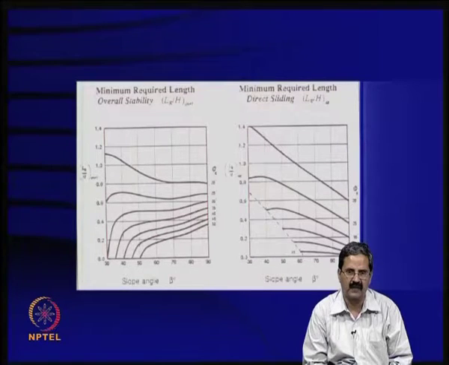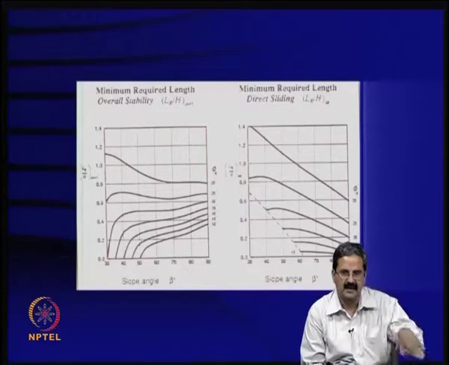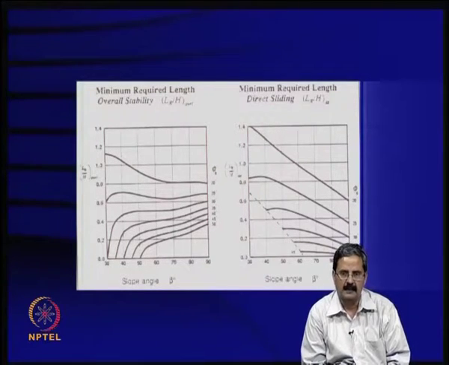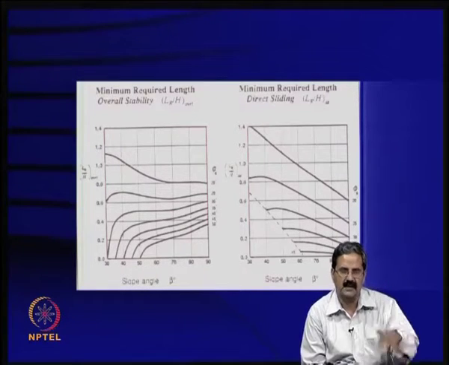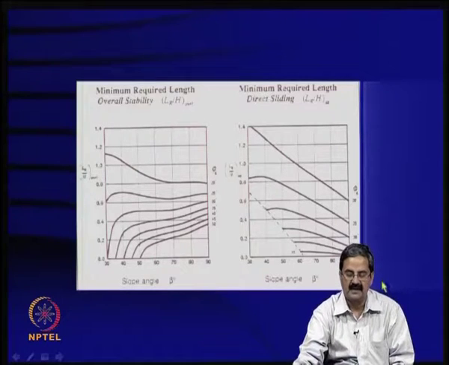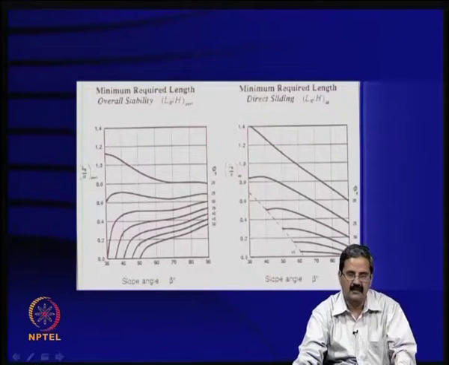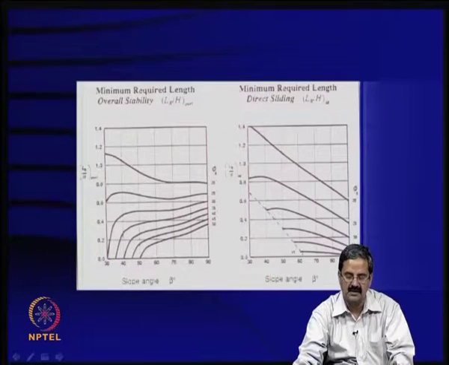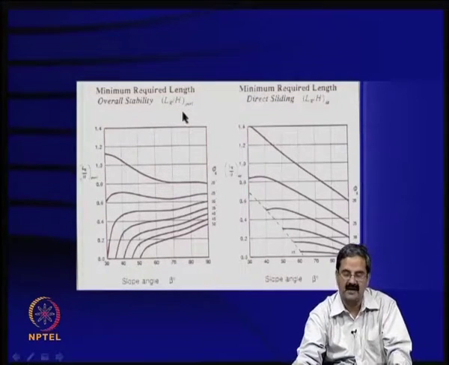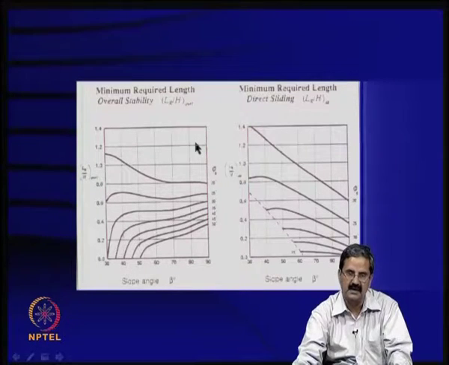When a retaining wall fails, there is a sort of logarithmic spiral failure mechanism, and that is the reason we calculate the forces acting on retaining walls, or even in slopes, the earth pressures. Based on the combination of these three diagrams, one can calculate the length of the reinforcement and also the required force, which we will see with an example that will be much clearer.